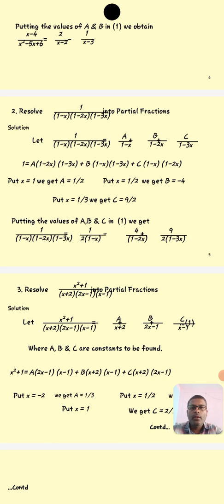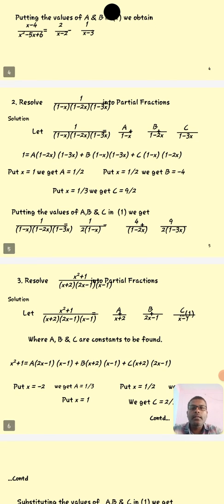Let 1 divided by 1 minus x, 1 minus 2x, 1 minus 3x be equal to a divided by, here how many factors are there? 3 factors are there. So we have to write 3 terms, that is a by 1 minus x plus b by 1 minus 2x plus c by 1 minus 3x.